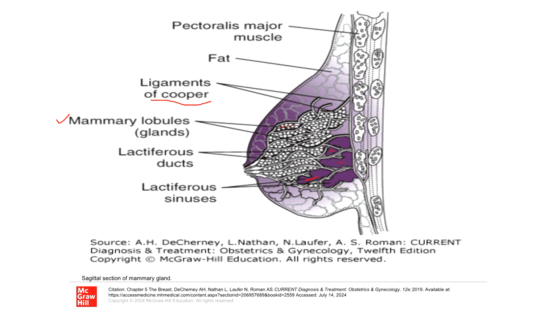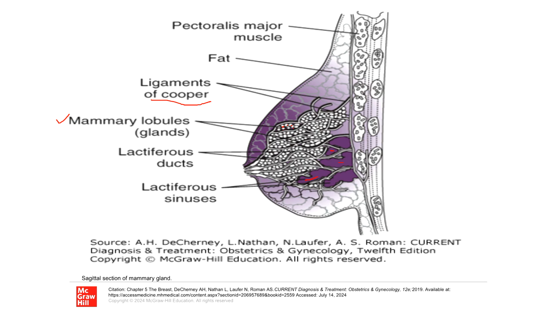The stability of the gland is provided by ligaments called the ligaments of Cooper, and the parenchyma of the mammary gland is formed by lobules, by lactiferous ducts, and by lactiferous sinus.